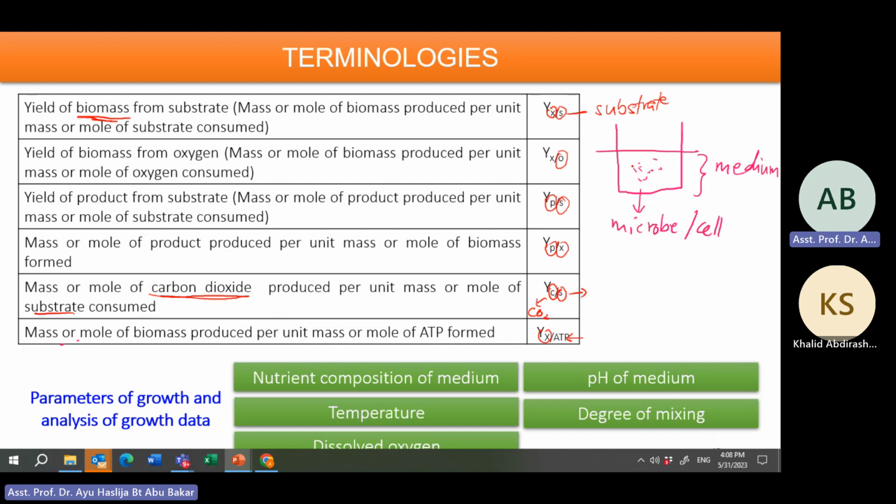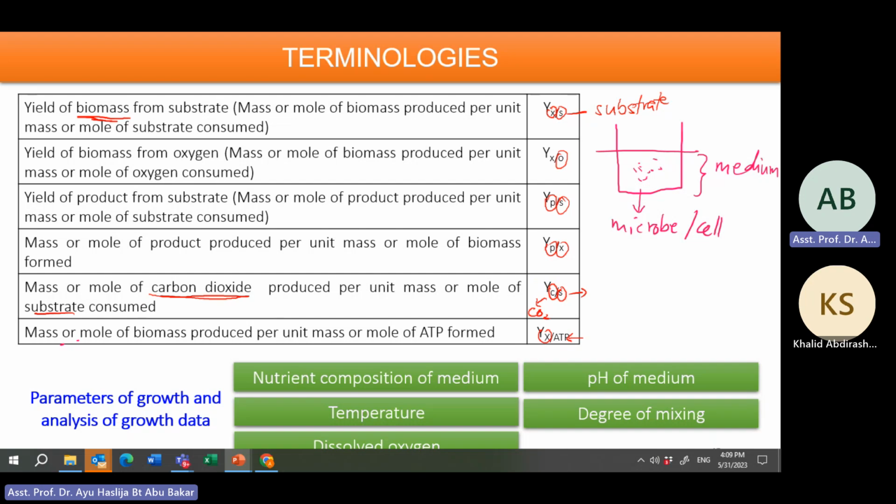So from here, there are parameters that you need to monitor in order for your microbe to grow. Why is it important for your microbe to grow? There are parameters that you need to monitor to make sure your microbe grows well.